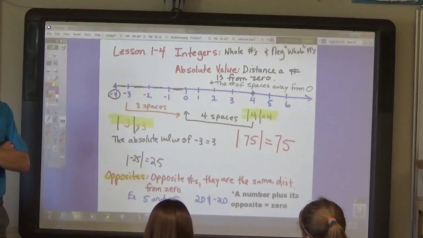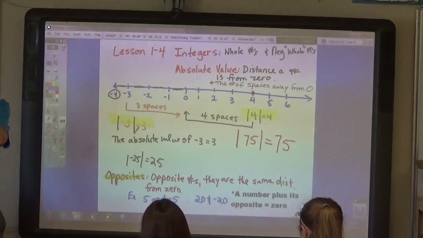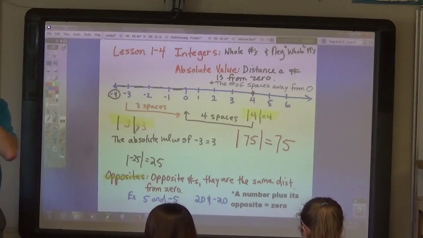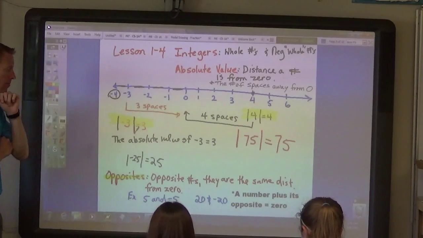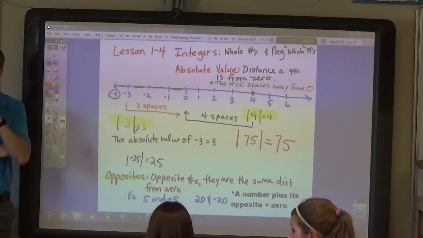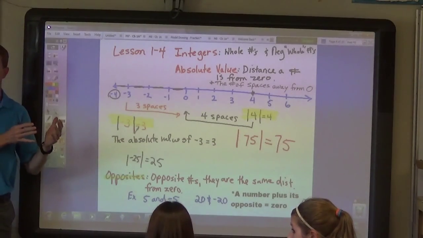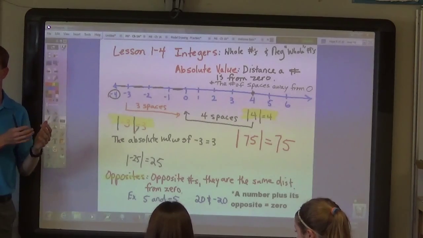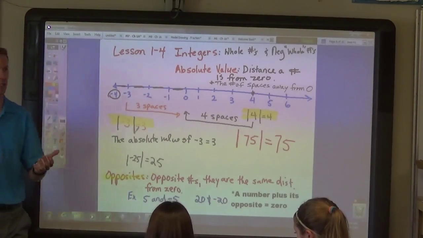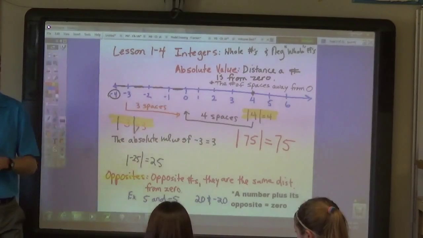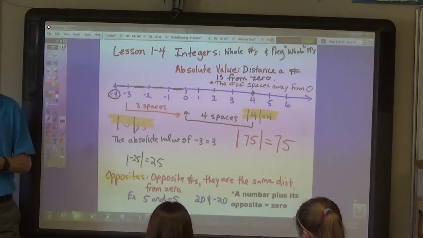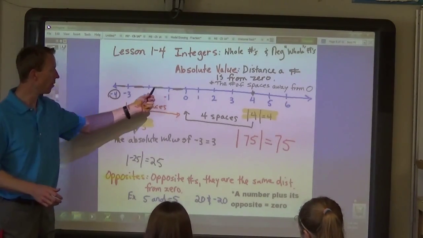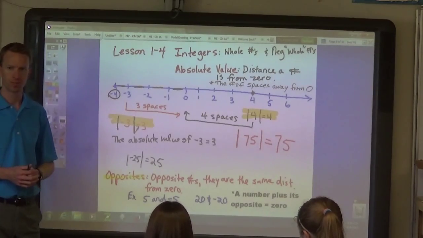No, it's not opposites. Because that's the distance a number is away from 0. Yeah, because the distance is always a positive number. It's always an actual amount. Not a negative amount, but it's the number of spaces, and we can count those. All right?